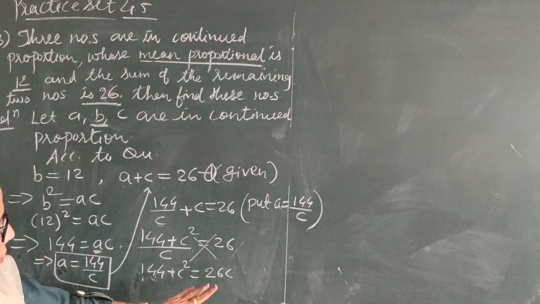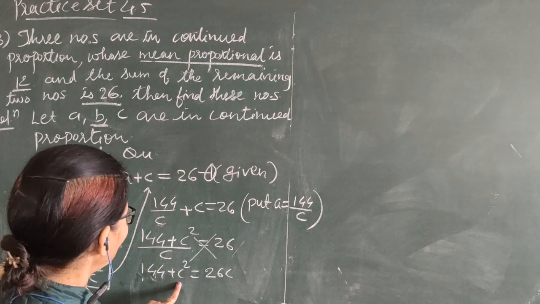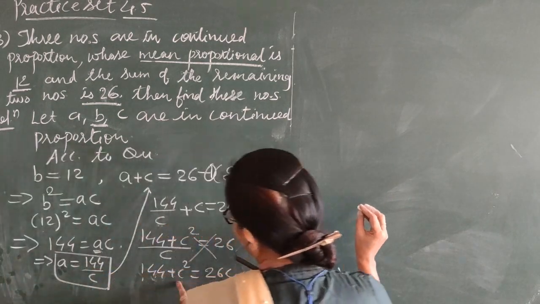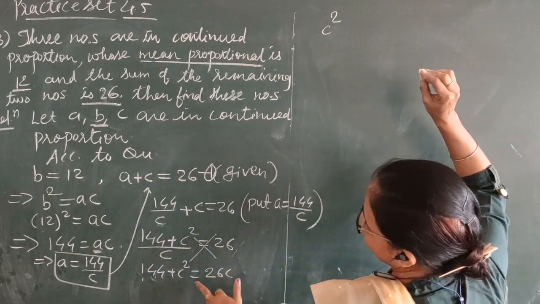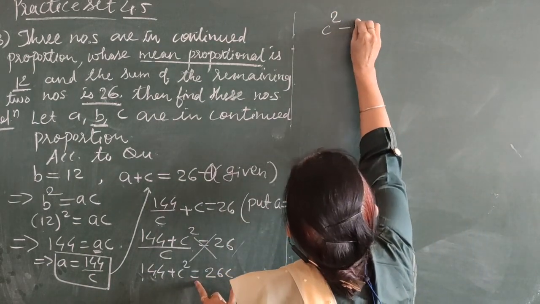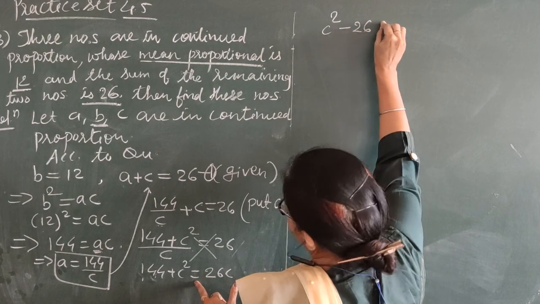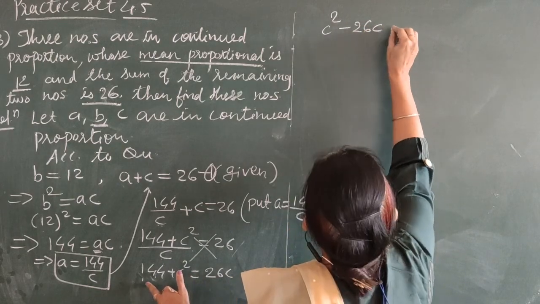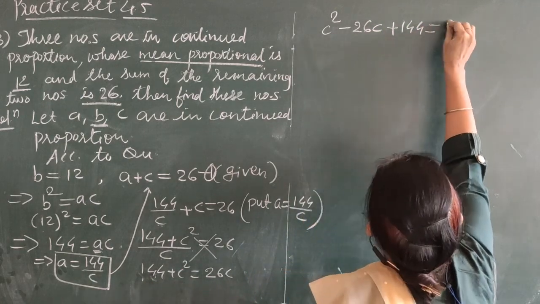Now we will bring all the terms on one side so that you will get the quadratic equation. Let's transpose this here, C square, and transpose this 26C here, so it will be minus 26C, and 144 is already there, is equal to 0.